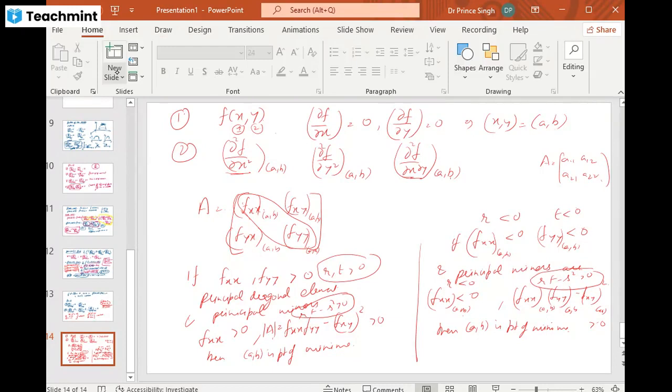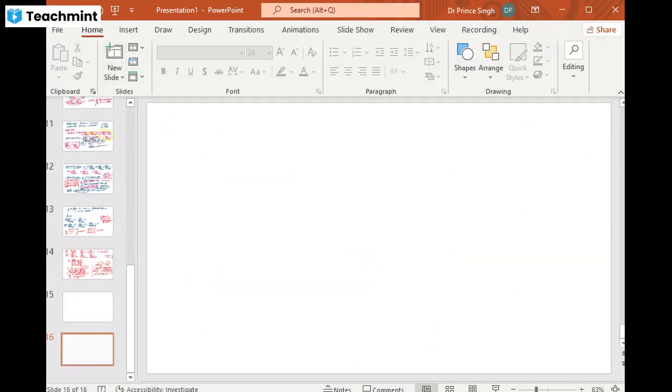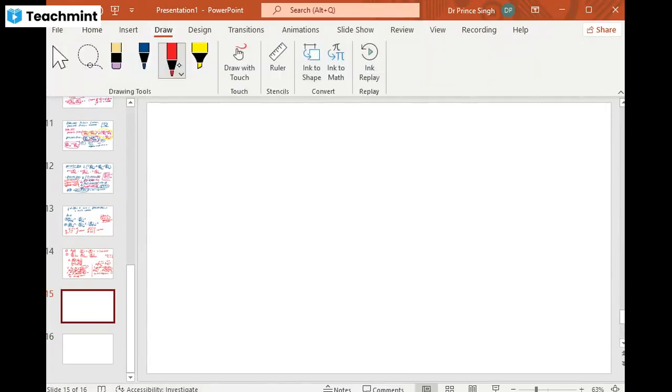Then what is the condition for a three variable function? So we suppose that our function depends upon three variables, f of x, y, z. Firstly we find the first order derivative with respect to x, with respect to y, and with respect to z, and put them equal to 0. After solving this system, we will get the values of x, y, z.